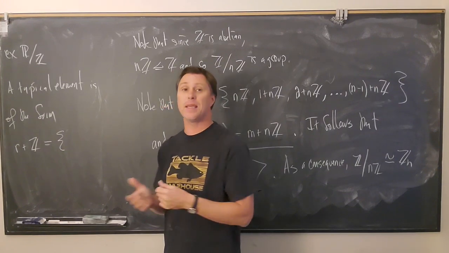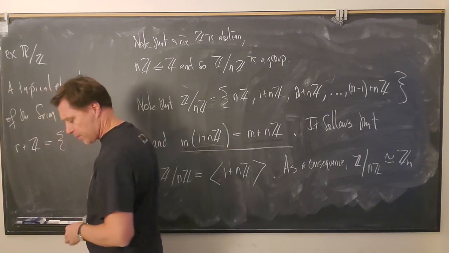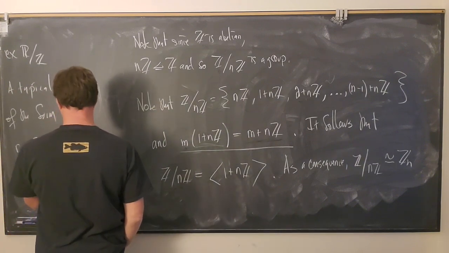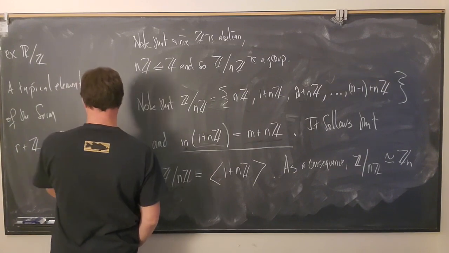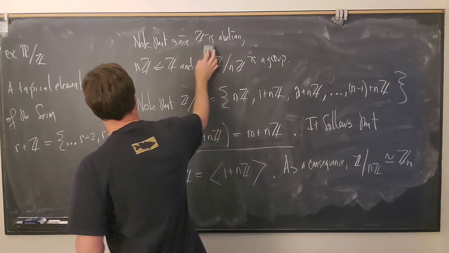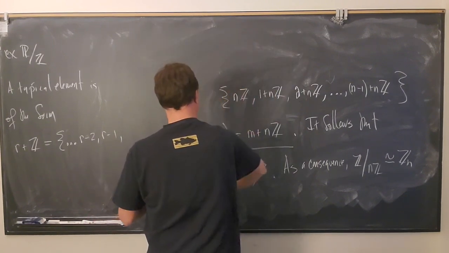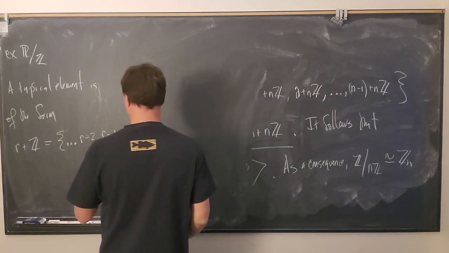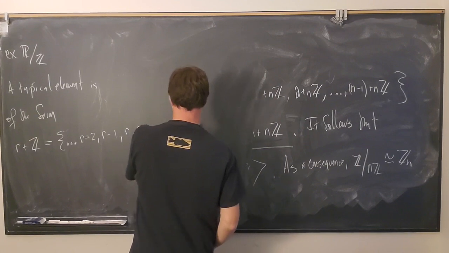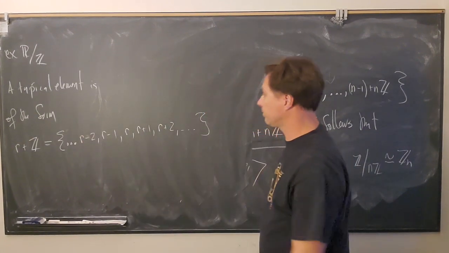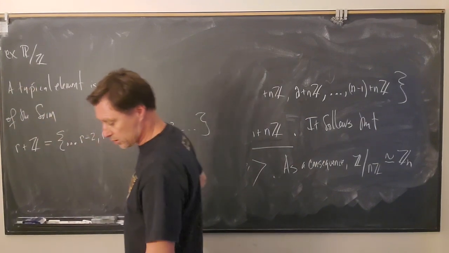It could be the number e. It could be the number pi. So r plus Z equals ..., r minus 2, r minus 1, r, r plus 1, r plus 2, ... going on forever in both directions. There's what a typical element of this group looks like.